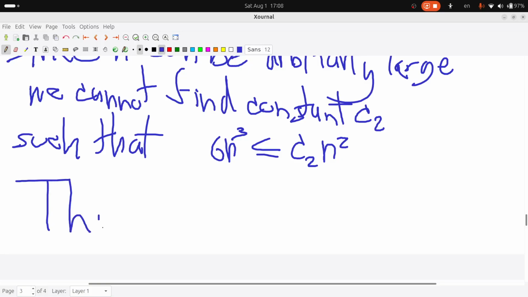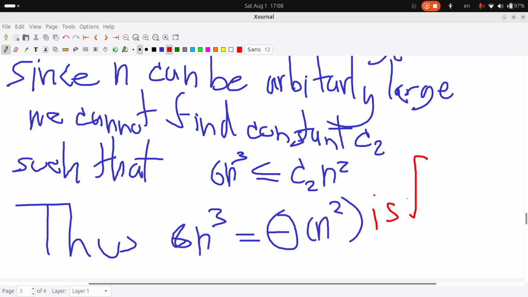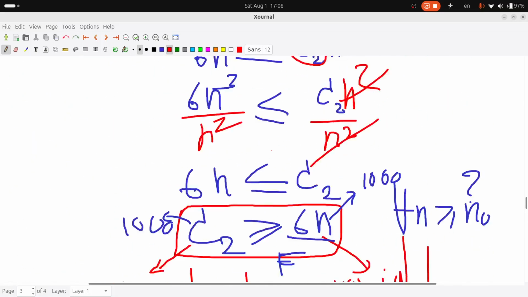Thus, 6n^3 equal to theta of n squared is false. This is our summary for the false one.